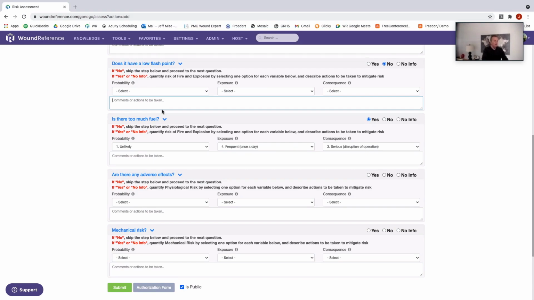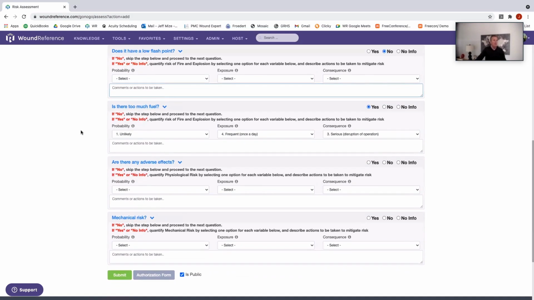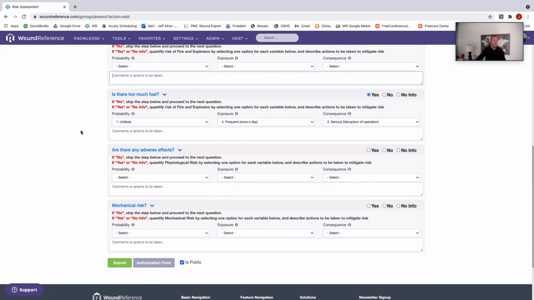However, looking at the components, it was determined that petroleum jelly was the component of concern, and that the petroleum jelly safety data sheet, in fact, does tell us that the flash point is 212 degrees Fahrenheit, and that's why we were able to answer no. It's very important as you go through the risk assessment to take the opportunity to document any thought processes or questions or answers that you have, because the comment section is very important when you are proving that, yes, this is a safe product to go into a chamber, or no, this is not a safe product to go into the chamber.